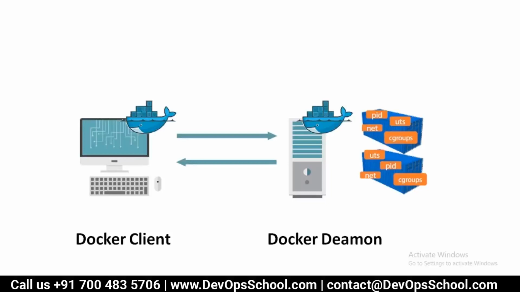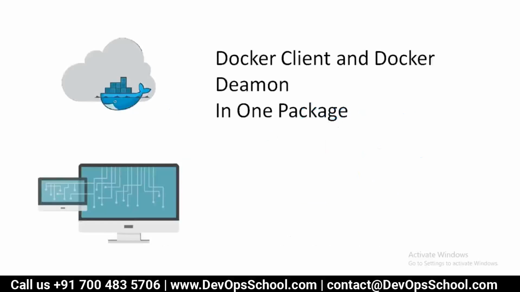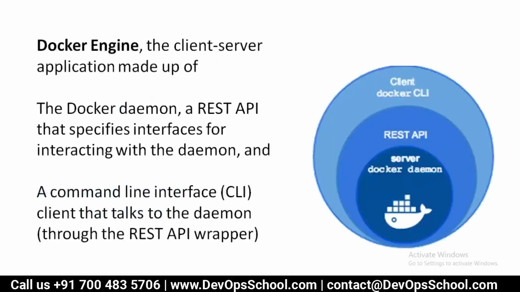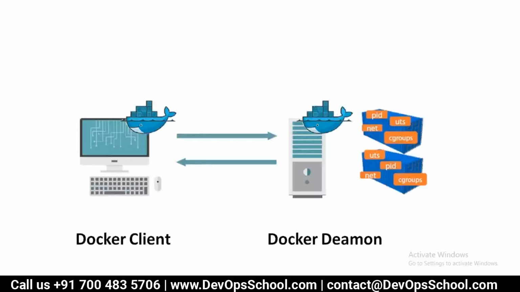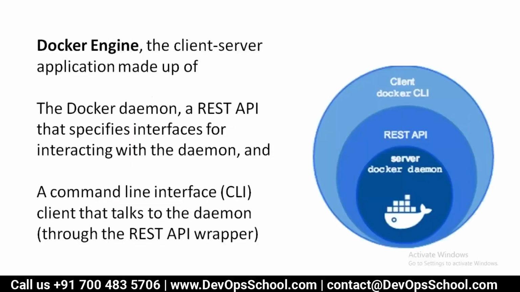The Docker client is the one where you pass the command, and through APIs it sends it to the Docker daemon, which will execute it. So Docker Engine consists of two elements: Docker client and Docker daemon. The Docker daemon is running on the host, and through REST APIs the Docker client sends the instruction to the Docker daemon to execute it.